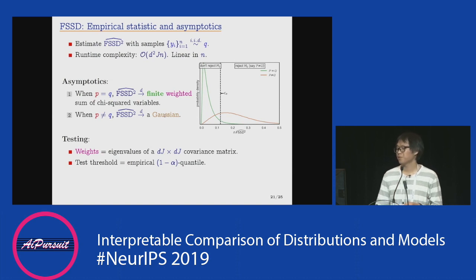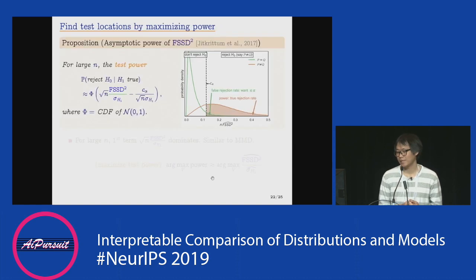Okay, so now remember from part 2 that we can choose the best kernel by maximizing the test power. We can do the exact same thing here. If we write down the expression of the power for the FSSD, it looks very similar to the MMD one, because the alternative distribution is also Gaussian, and so you get a familiar form as in part 2, right?